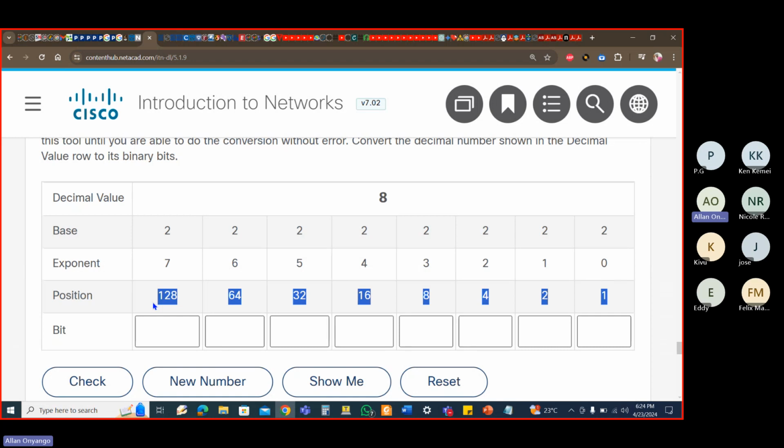Between 1, 2, 4, 8, 16, 32, 64, 128, it's only 8, isn't it? Are we together? So I just put 1 under 8, and the rest I put zeros. And that is the binary.